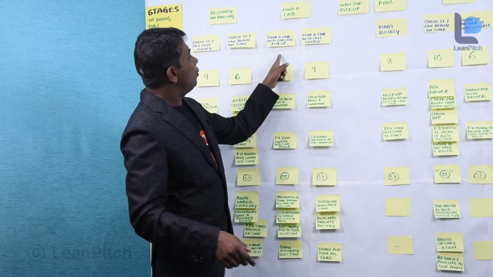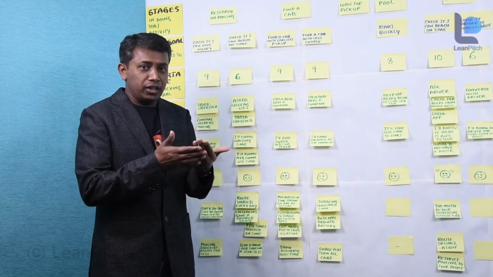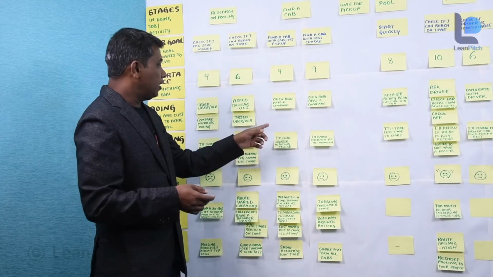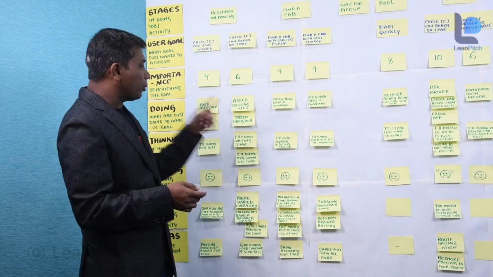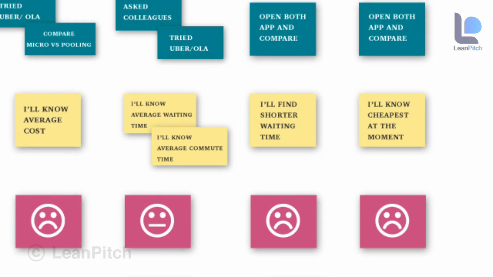Here, finding a cab with the earliest pickup time was very important for him. How he was doing it: he had opened multiple applications and would juggle between them to figure out which one has an earlier pickup. His thought process was he would find a cab that has a shorter waiting period.